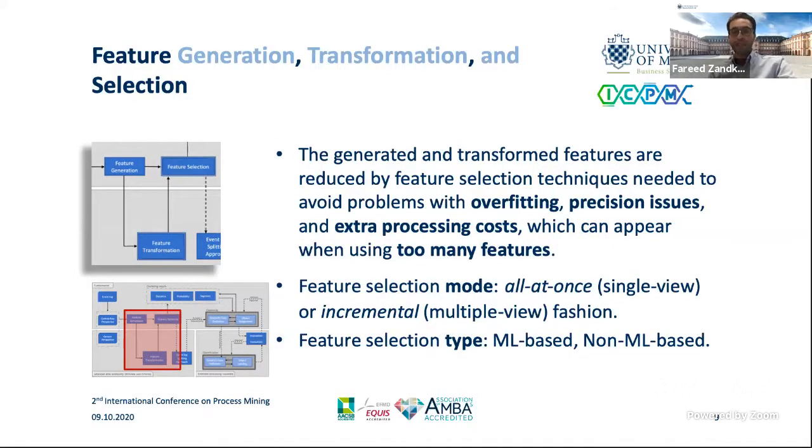Feature selection can happen either in all at once fashion, we call it single view, or incremental fashion, we call it multiple view. The all at once approach usually yields relatively fewer features, whereas the incremental approach allows for selecting more features in the final set. Feature selection also allows to integrate domain knowledge to improve the selection process.